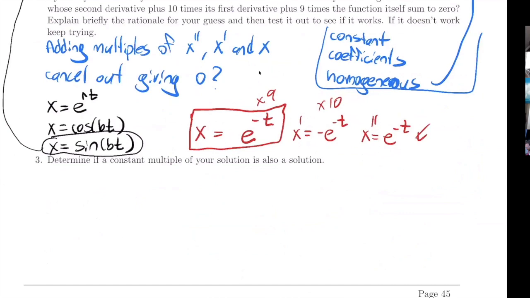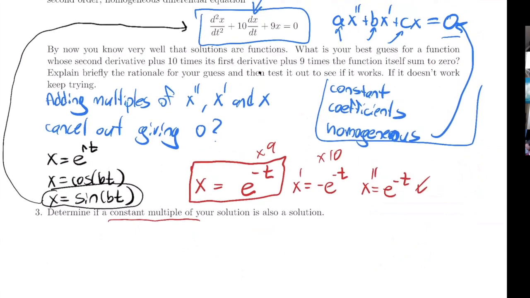Okay, so now this is getting at what some have been asking. So here is a solution. Again, what we would like to ultimately find is, what is the most general solution to this differential equation? So this is just one specific solution, but it doesn't describe what all of the solutions might look like.